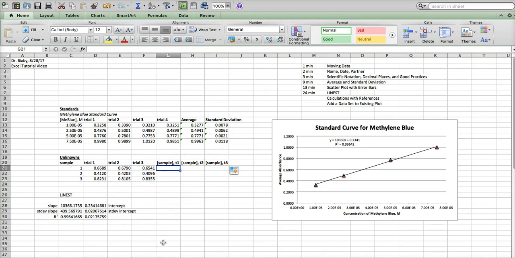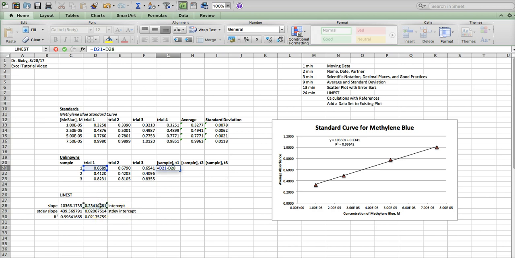So if I'm going to rearrange this y equals mx plus b equation to solve for x, I have to have the y value. So I've got my equals, my y value, minus, I'm going to have to subtract and pull this intercept over here, right? So minus my intercept.